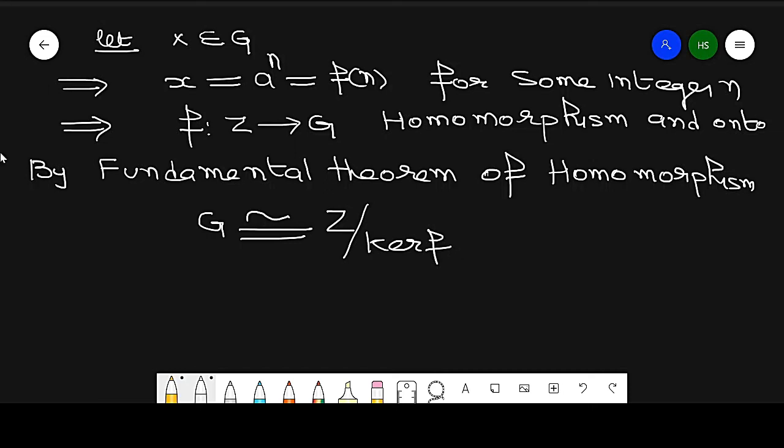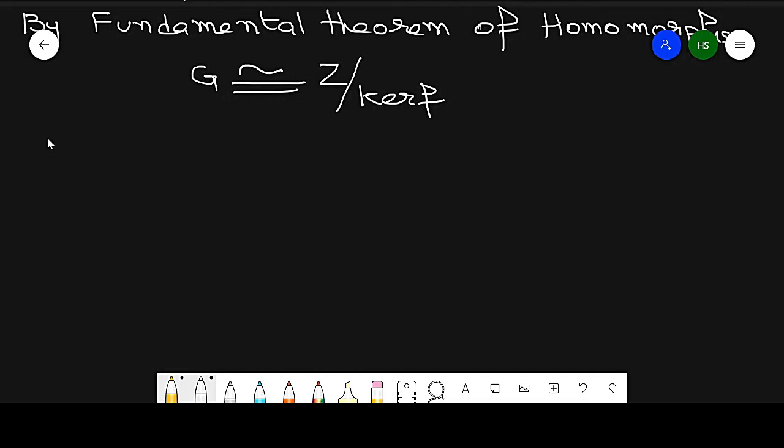So now my aim is to prove our claim, that the kernel of f is equal to the subgroup generated by n.